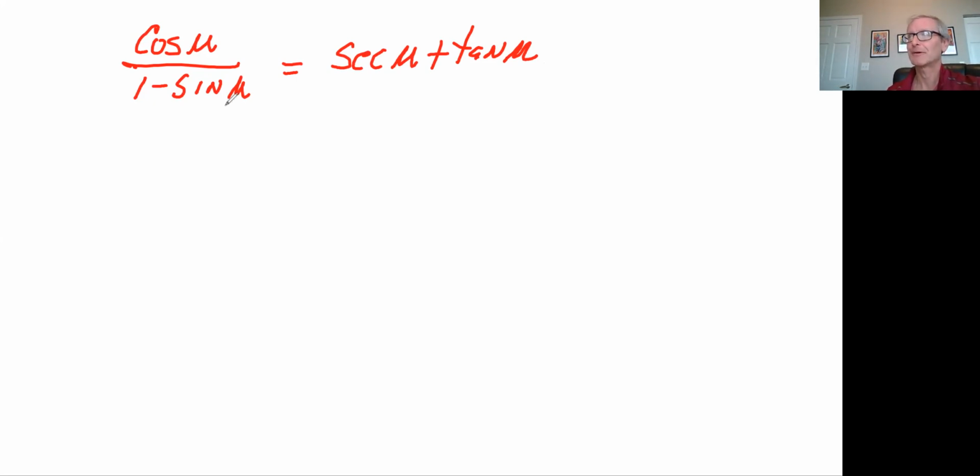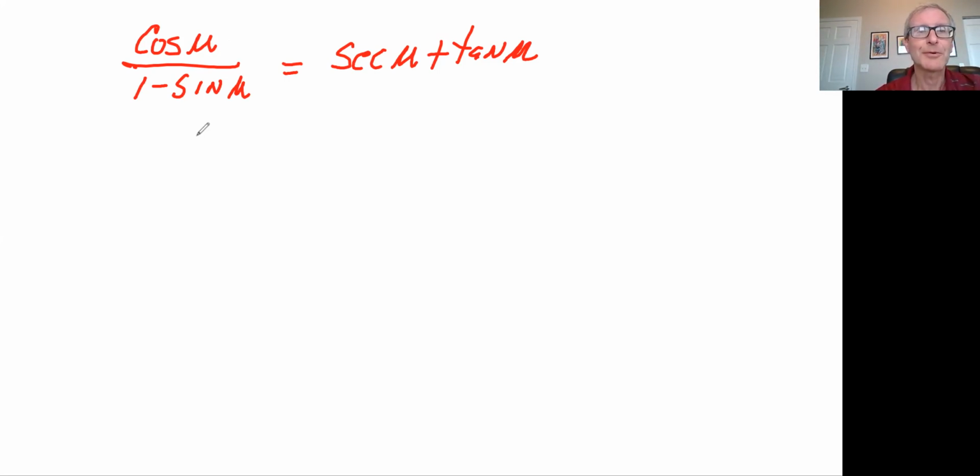Because it shows another interesting technique, and that's this idea of multiplying by what I like to think of as the conjugate. If you think about this, 1 minus sine squared is the number 1, and that's a really nice number to have in your denominator, right?